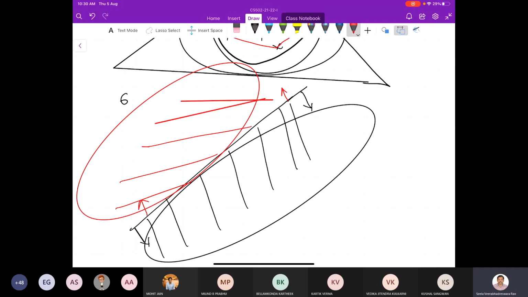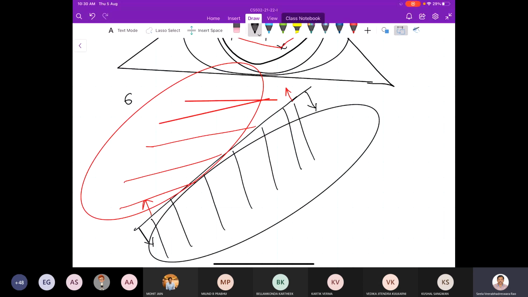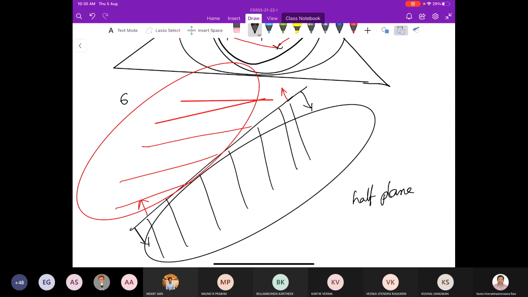So basically, what is happening here is this line divides the plane into two half planes. Did you understand what a half plane means? Or if you talk about 3D, you consider a plane. Then you'll get a half space.